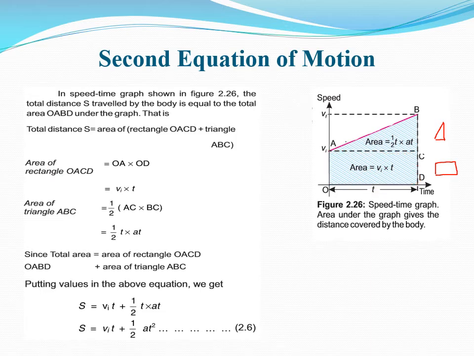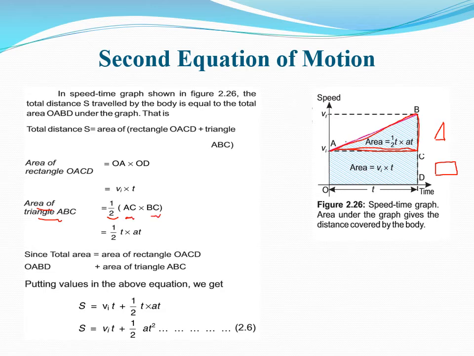This is a simple formula to get the area of a rectangle. Now come to the area of triangle ABC. Here you see this is triangle ABC, and you are already familiar with how to find its area. Area of a triangle is 1/2 times AC, where AC is the base of the triangle, times BC.